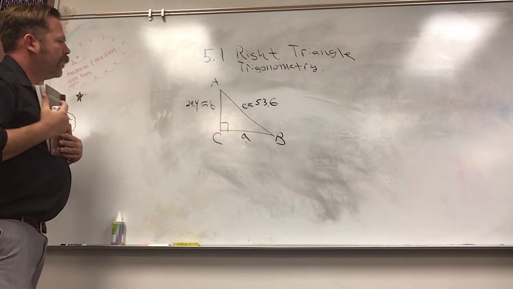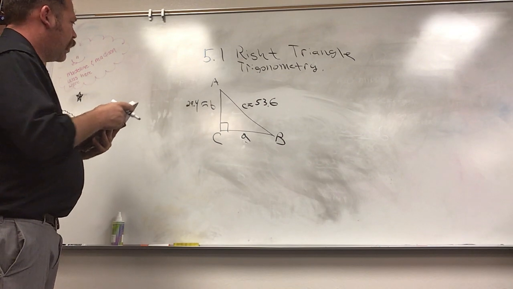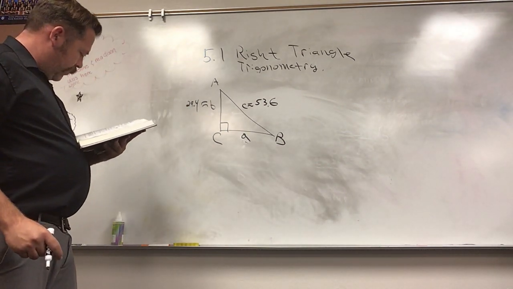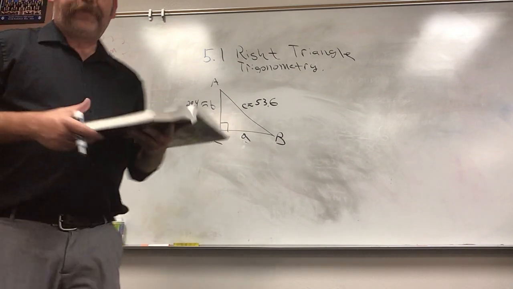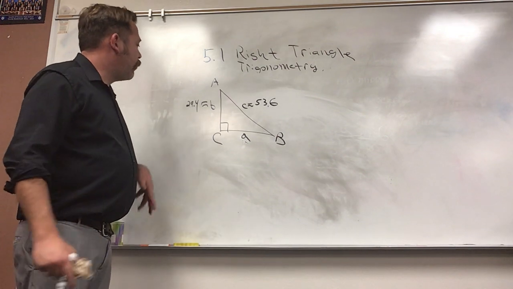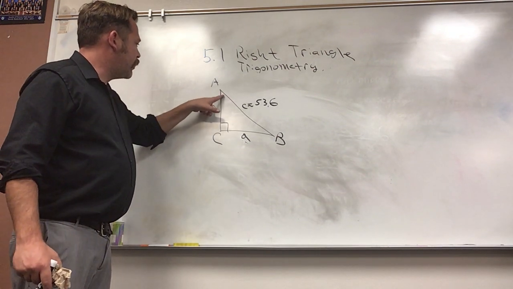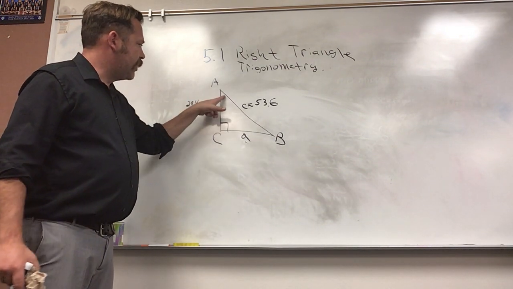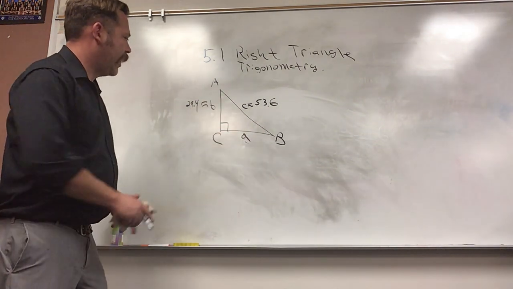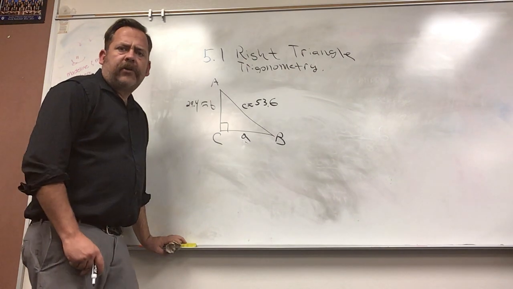Okay? And I'm sorry, that's little b. I apologize, little b. And do we get any other information? No, that's it. And we have to solve the triangle, meaning we have to find this side, I'm sorry, this angle, and this side. Okay.